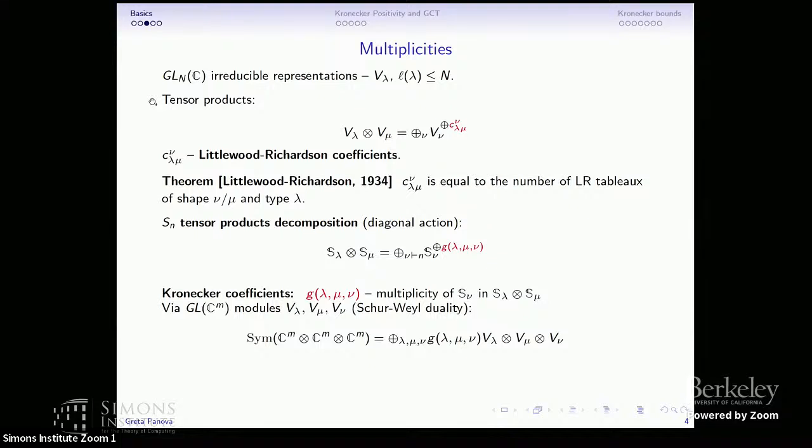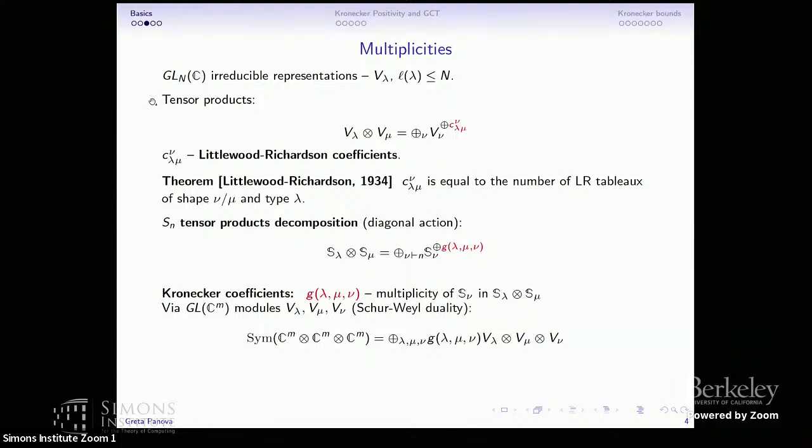Another way to define them is going back to what Matthias Christandl was talking about in the quantum marginal problem, where you have the tensor product of these three spaces. By Schur-Weyl duality, it decomposes into general linear group irreducibles V lambda, V mu and V nu, and the multiplicities are exactly the same Kronecker coefficients.